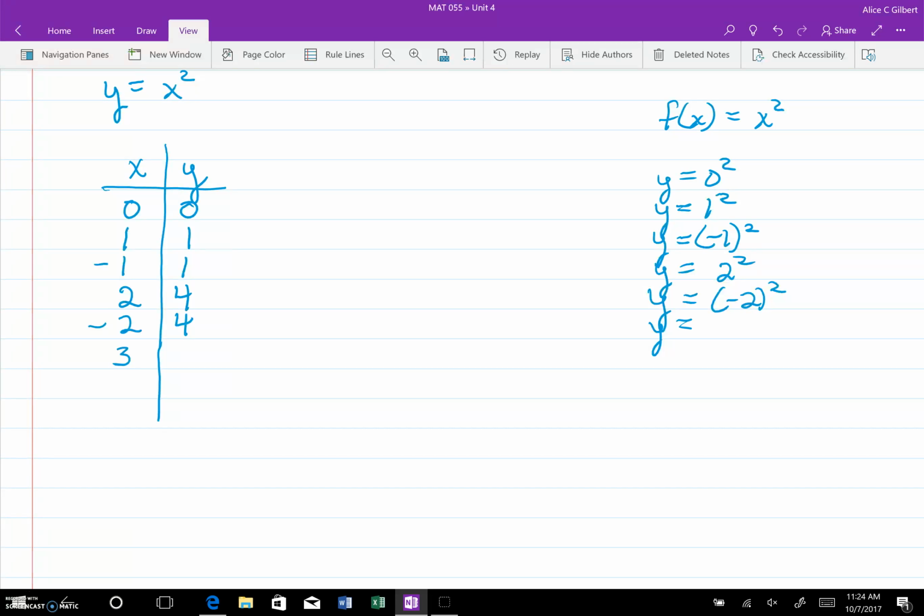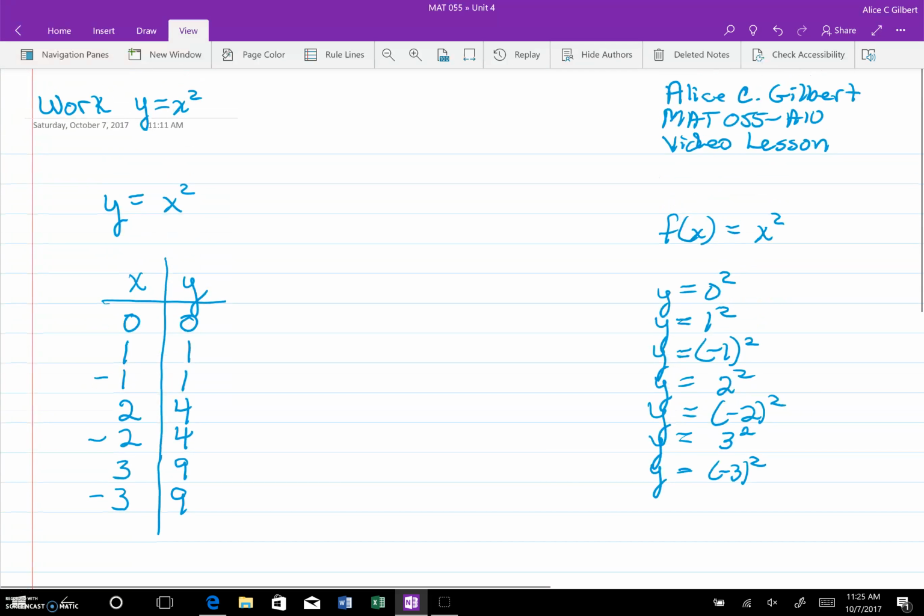If x is 3, then 3 squared is 9, so that's what y is. If x is negative 3, negative 3 squared is 9. And I can keep going forever. If x is 4, then y is 16. If x is 5, then y is 25, et cetera, and same with the negatives.